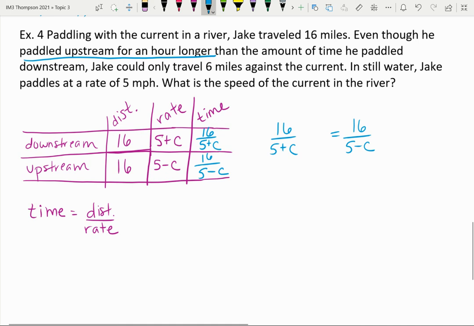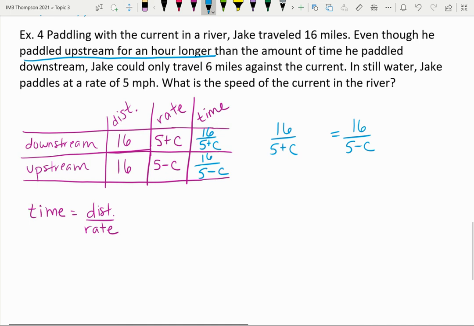So I'm just throwing out some numbers here to try to make this make sense. Even though he paddled upstream for an hour longer than he paddled downstream. So if he went downstream and it took him 8 hours, then it took him an hour longer to go upstream, yeah? All right. If he paddled downstream and it took him 6 hours, then to go upstream, it takes him an additional hour, yeah?